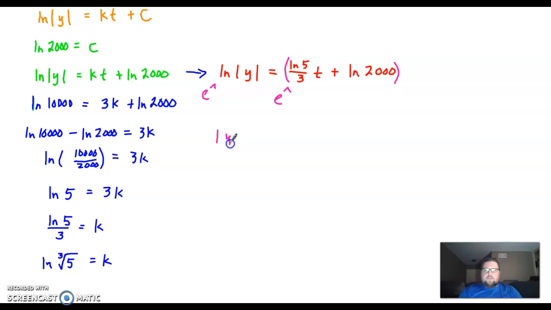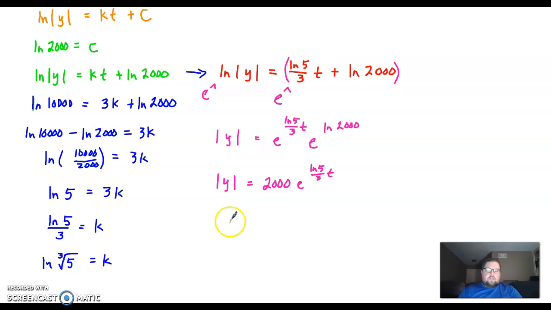So we end up with the absolute value of y is equal to e to the natural log of 5 over 3 times t, times e to the natural log of 2,000. All right, so this e and natural log will cancel, so that gives us 2,000 e to the natural log of 5 over 3 times t is equal to the absolute value of y.